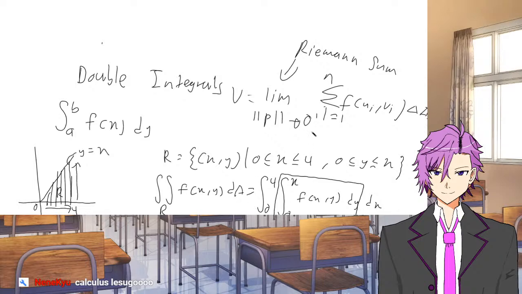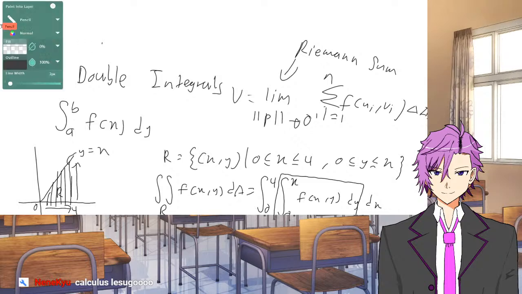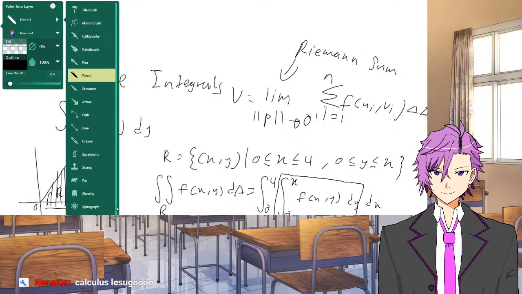It's basically like you integrate twice. If you have two variables, you have to integrate both of them. So if there's f(x, y) here, you'll integrate with dy and dx. Hold on, let me erase that.